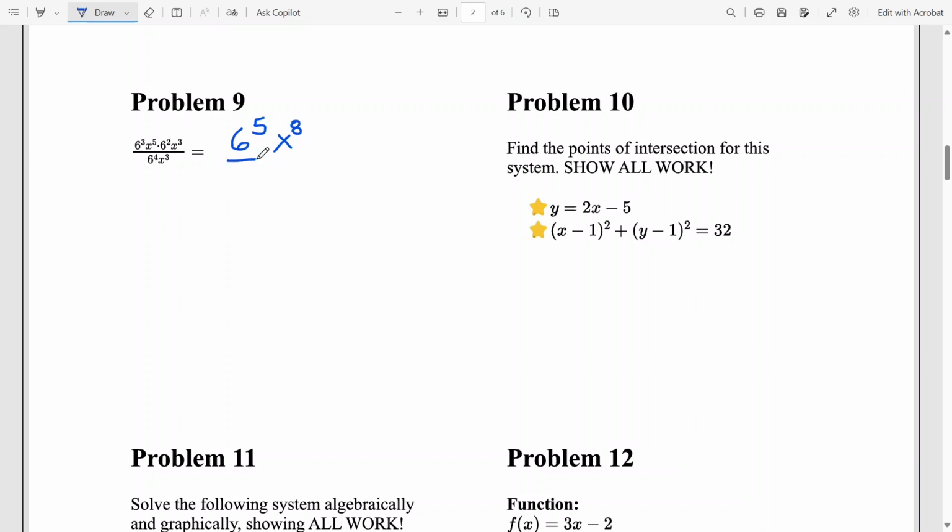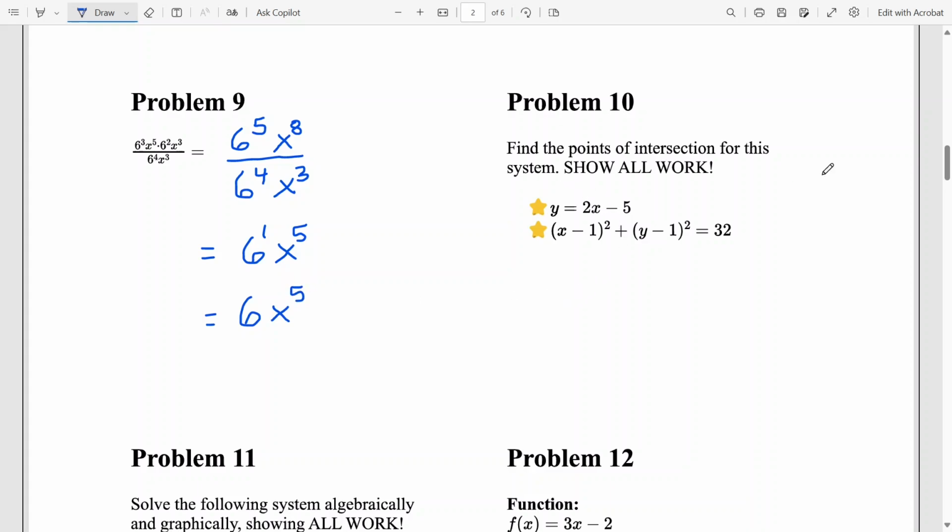So that's the top, over 6 to the 4th x cubed. Okay, so we do 5 minus 4, so that's going to equal 6 to the 1st. And 8 minus 3, x to the 5th. We don't have to write the 1 there. We can just write 6x to the 5th as our solution here.